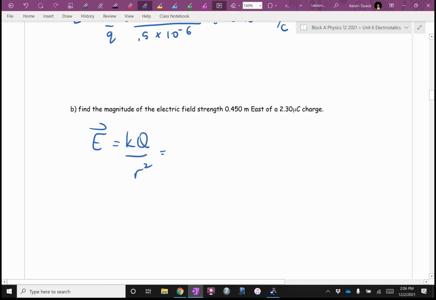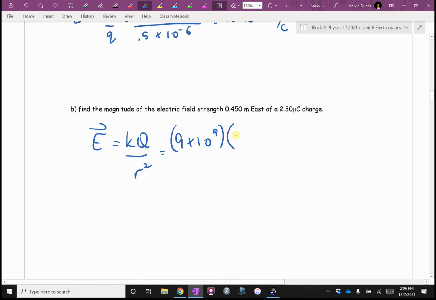What was K? No, what was K? 9 times 10 to the 9th? Much nicer than 6.67 times 10 to the negative 11, but that's the Coulomb's law constant.